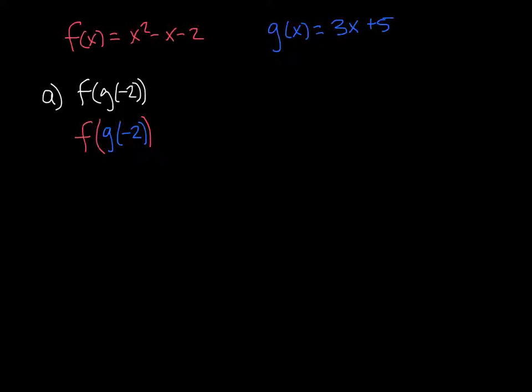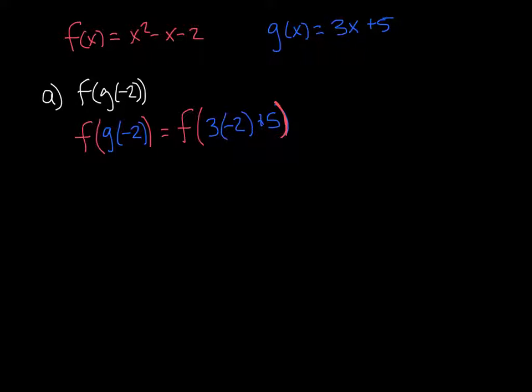So I'm going to leave my equals sign, and keep the f red because I haven't done anything with the f yet. But now let's figure out what the g is. If I put -2 into the g function, it's just going to look like this, a -2 in there. Oops, I want to make that a red bracket because I have finished with my g function and now I am only dealing with the f function.